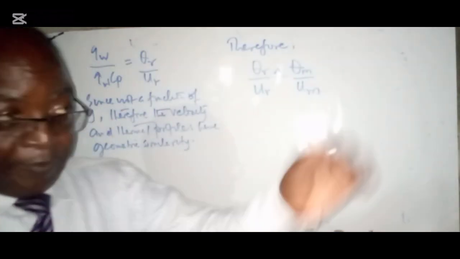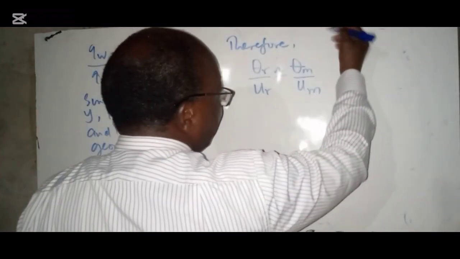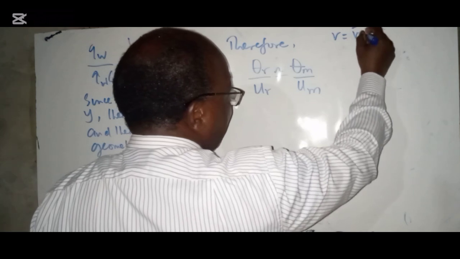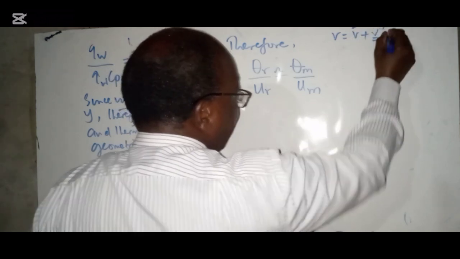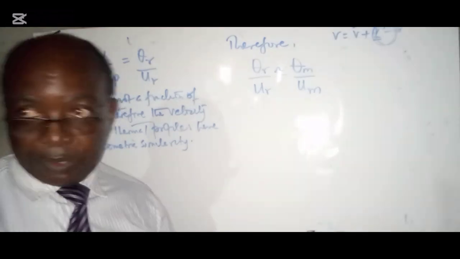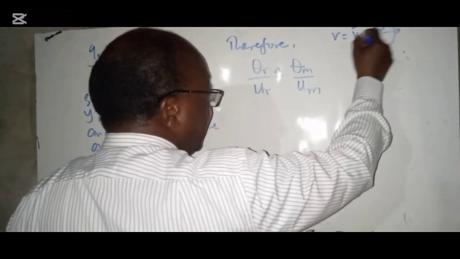For velocity, we had the mean velocity plus the velocity due to turbulence, resulting from those velocity gradients which caused turbulent flow. So we talk of mean values.